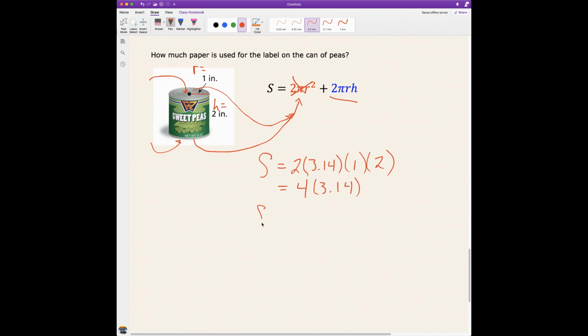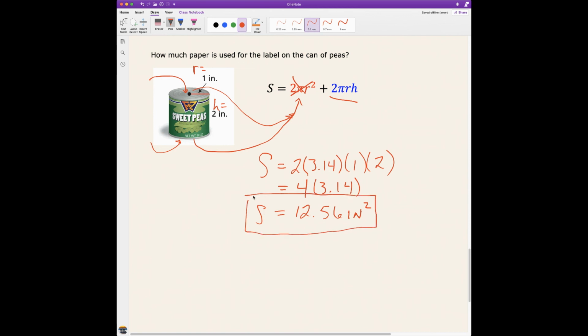And so the surface area of the label would be what? All right, very good. Excellent. 12.56 inches squared. Remember, your area is always squared.